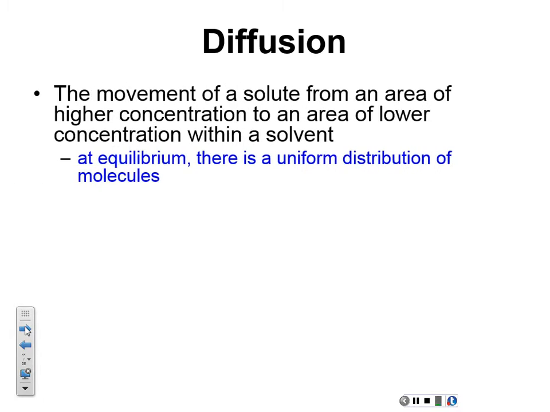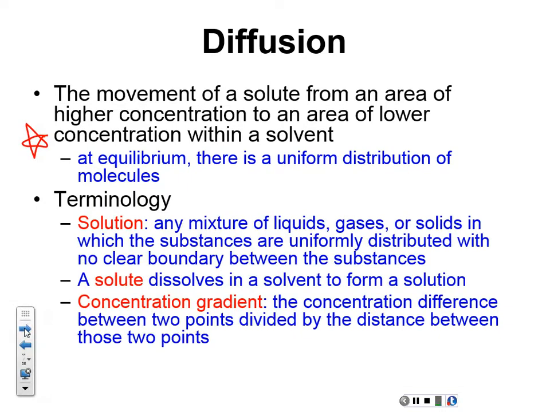All right, so this is just the movement of solute molecules in a solution from high concentration to low concentration. And is this an active or non-active transport? It's non-active. It doesn't use any energy. Once there's equilibrium, there's equal movement of solute back and forth. So that's diffusion, and this is just the basic definition.